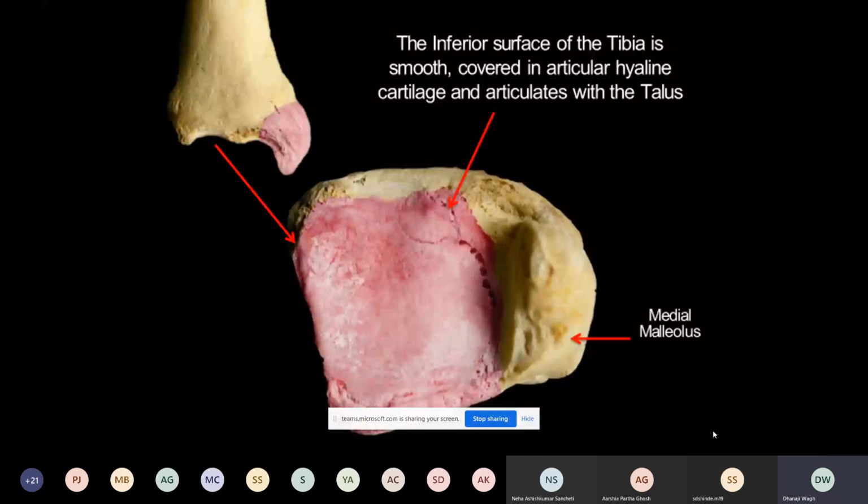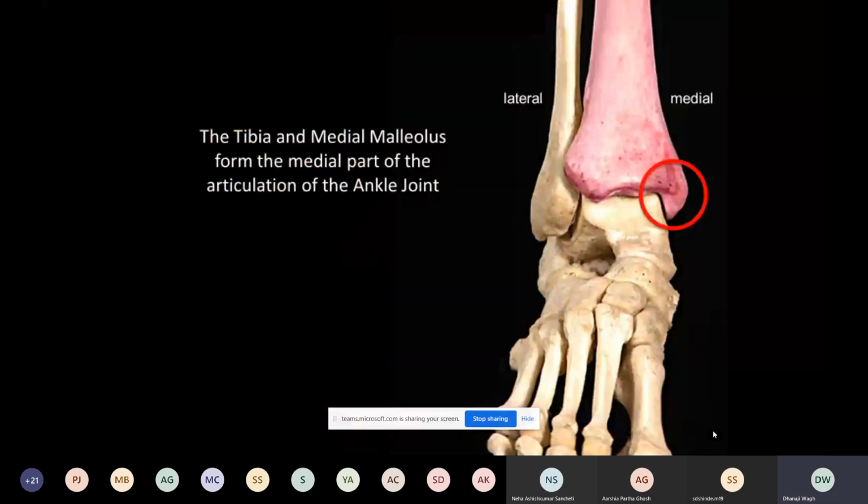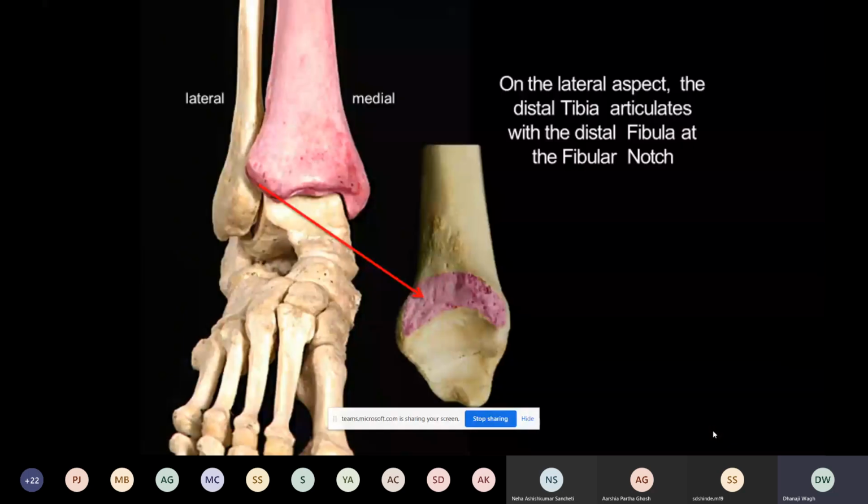The tibia and the medial malleolus form the medial part of the articulation of the ankle joint. The lateral aspect of the lower end of the tibia articulates with the distal fibula at the fibular notch, and it forms the inferior tibiofibular joint.